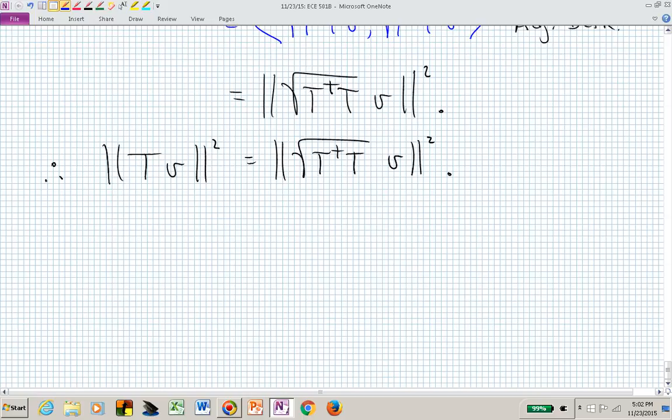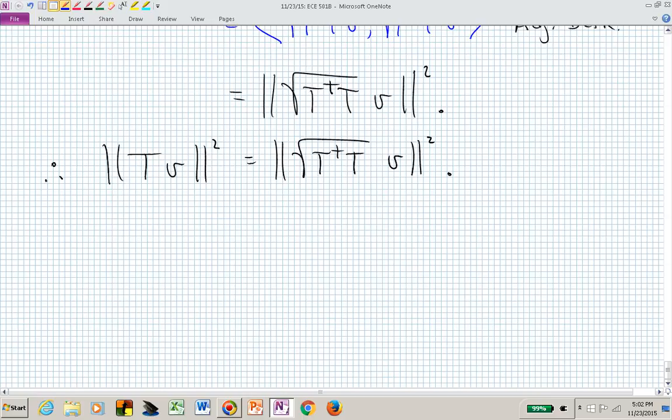If we operate on any vector V with T, how is that operation going to scale relative to the square root of T dagger T operating on that same vector? It's not going to do anything different with the scaling, is it?